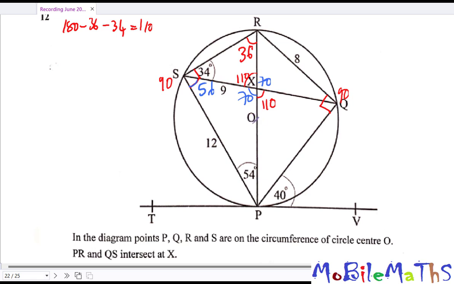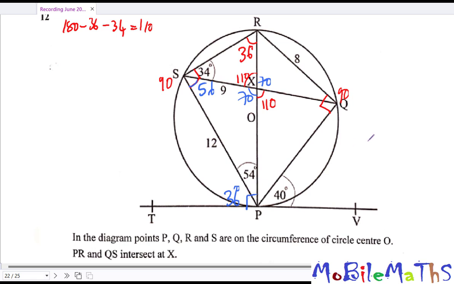The next one, I can calculate these angles on this part here. We know it's a tangent, so this is 90 degrees on its own. So I can say 90 degrees minus 54, I will get 36 degrees here.